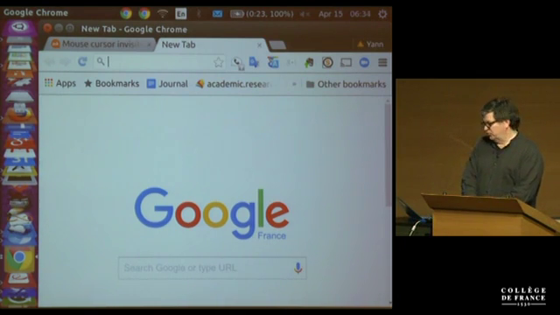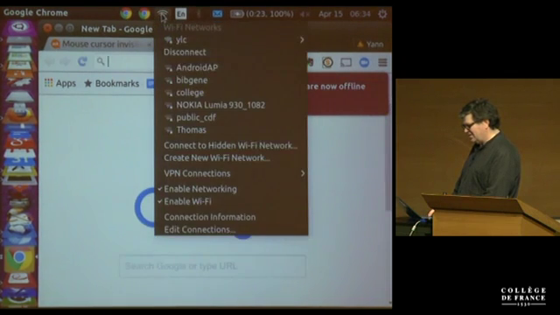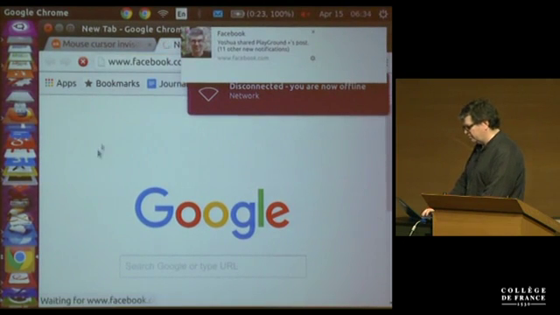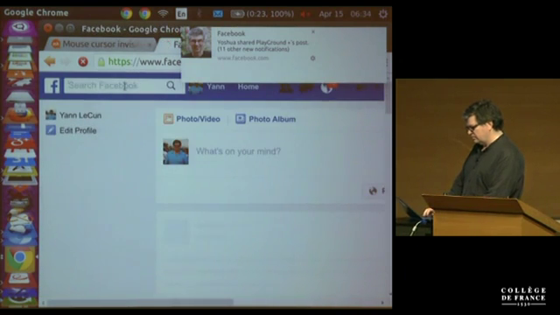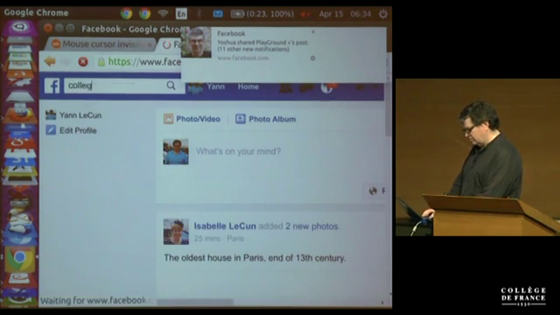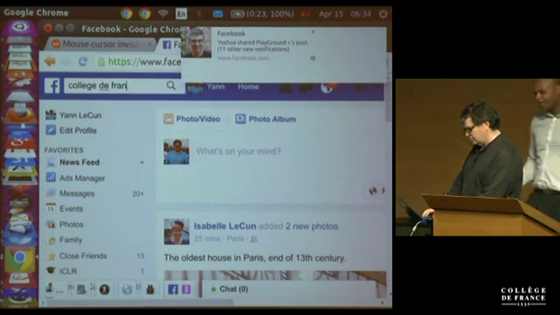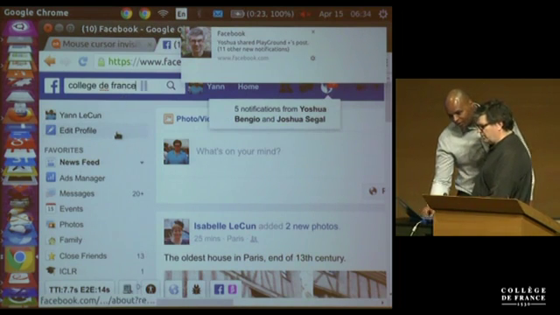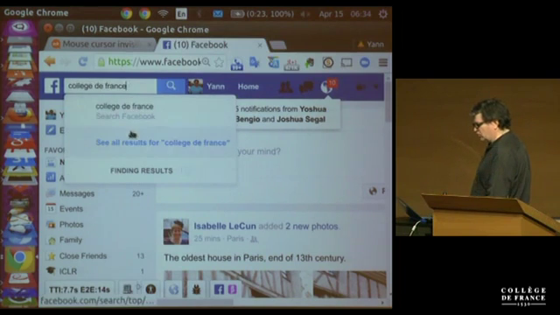Okay, I'll try to use my mobile phone. Let's see if this works. Yes. It's working. It's okay. It's not very fast, though.